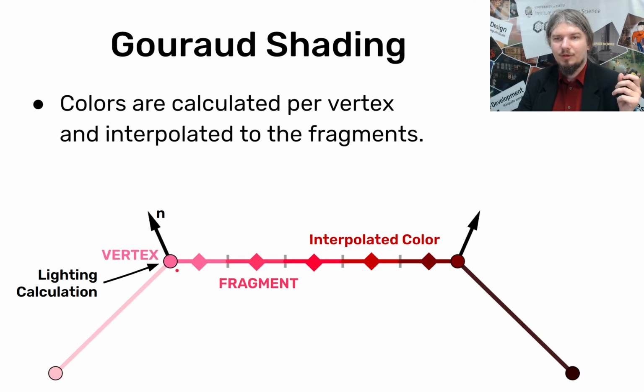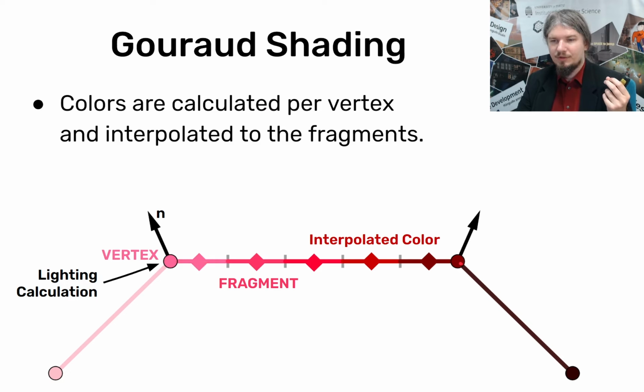The next shading model, Gouraud shading or per vertex shading, also calculates the color per vertex, but now the color is interpolated across the face, and each vertex calculates a different color.